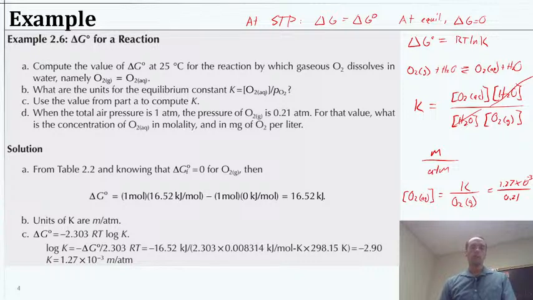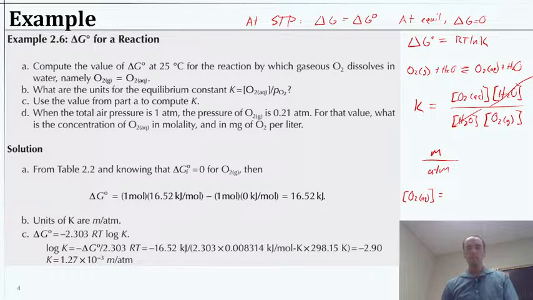All right, so it should be a matter of rearranging the equilibrium equation here. K, the waters cancel, so we can get the aqueous concentration by itself if we multiply, not divide. Sorry about that, I didn't do that right. So it'd be 0.21 times that 1.27 times 10 to the minus 3.